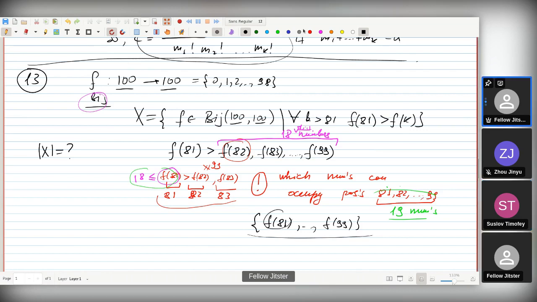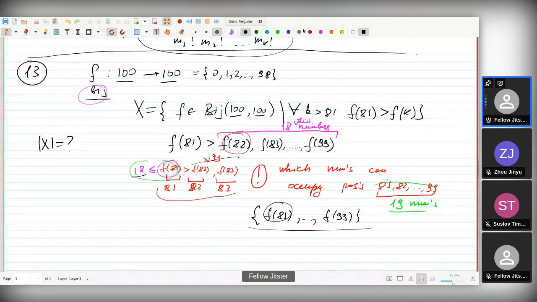No, this number can be whatever, starting from 18. It can be 99, for example. It is not greater than any; it must be greater than all the subsequent numbers because they are distinct. That means that our f of 81 must be greater or equal than 18.